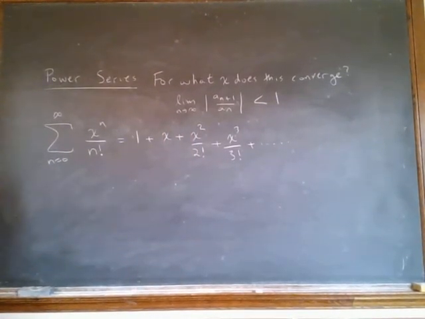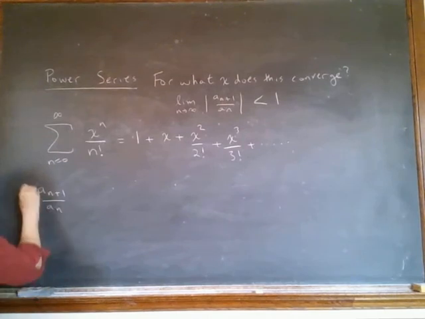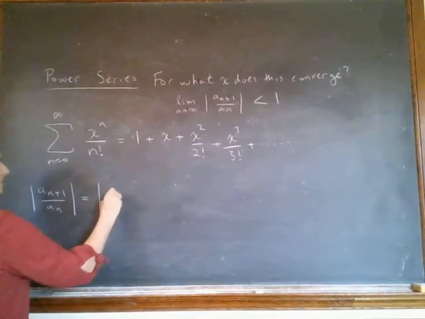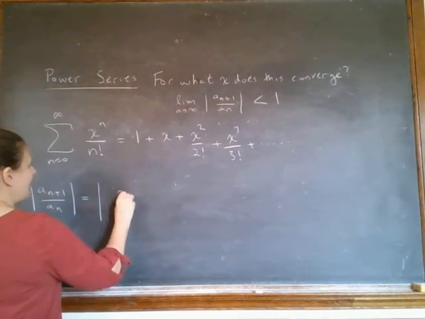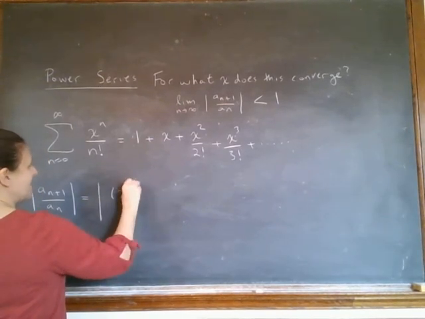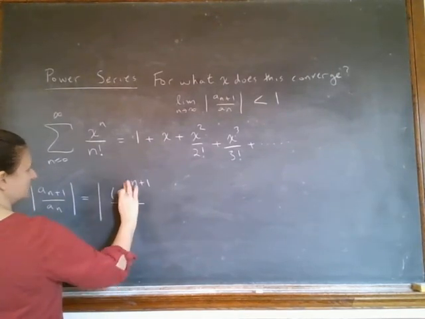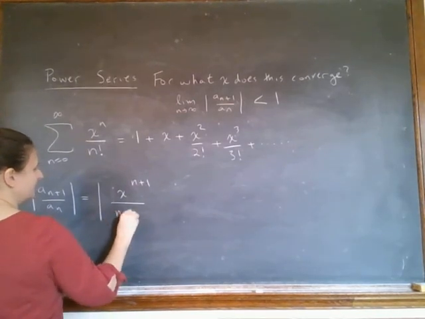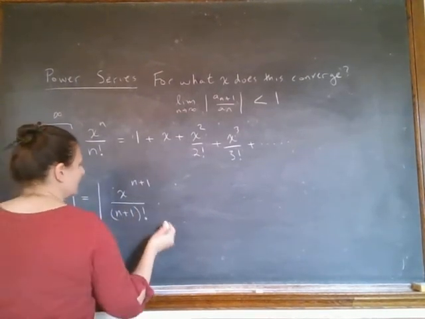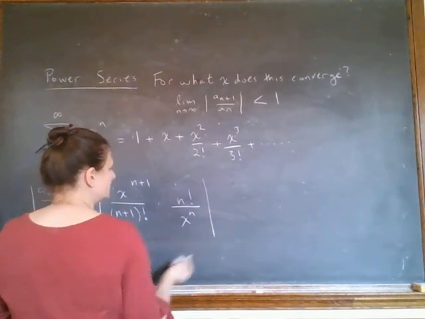But what's going to happen here is very quickly you'll be able to see if I do my a n plus 1 over a n, this is x to the n plus 1 over n plus 1 factorial, and then this is going to be n factorial over x to the n.